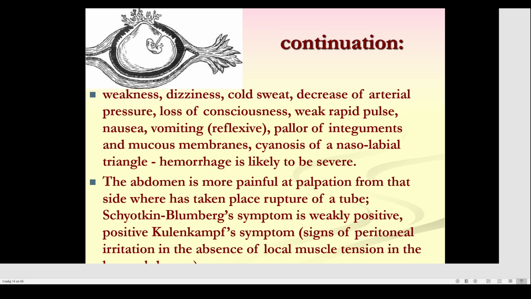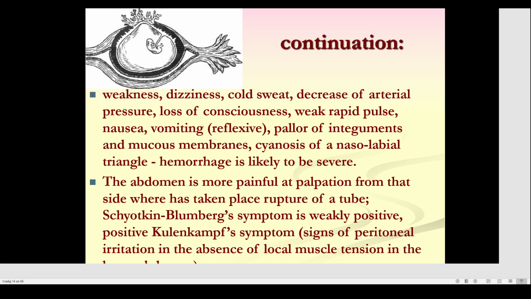Hemorrhage is likely to be severe. You see that some signs of hemorrhagic shock are present, and the intensity of clinical signs will depend on the volume of blood loss.